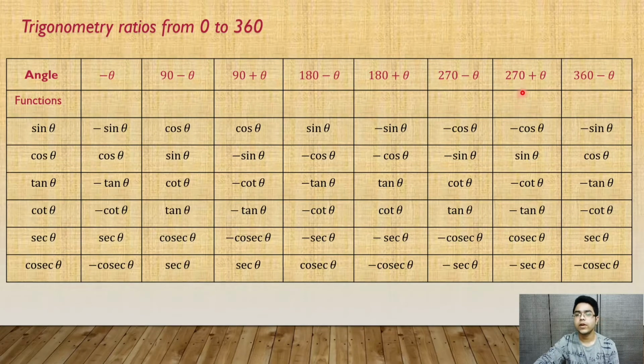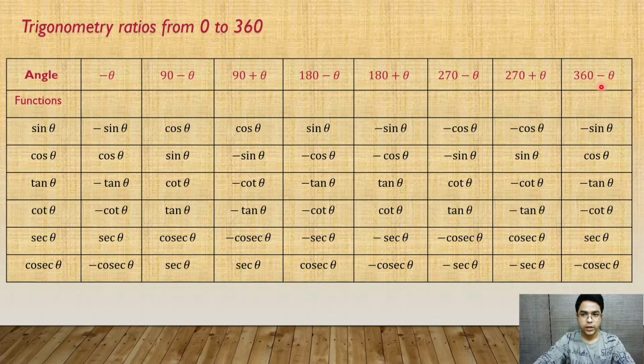And now for 270 plus theta and 360 minus theta, this is the fourth quadrant, where cos theta and sec theta are positive and all others are negative. You can see here, cos theta is positive and sec theta is positive. Now here, as it is 270 plus theta, sine will be converted into cos, and cos will be converted into sine, tan is converted into cot, cot theta is converted into tan theta, sec theta is converted into cosec theta, and cosec theta is converted into sec theta.